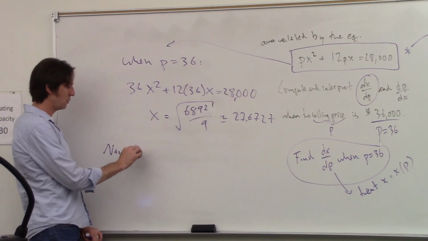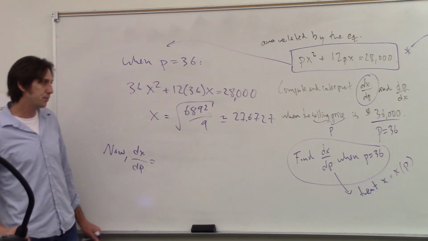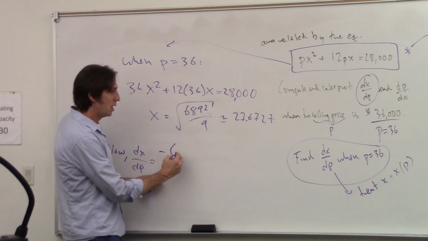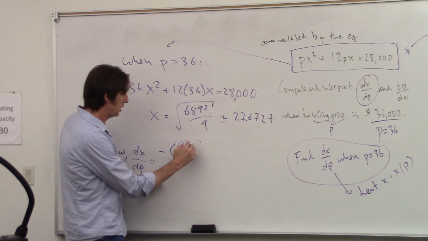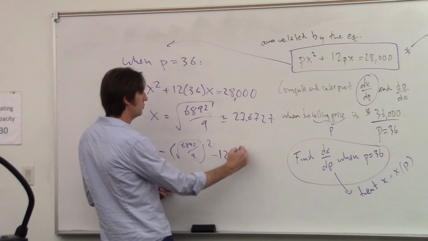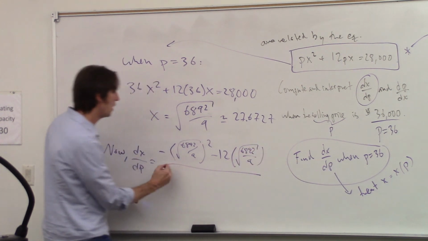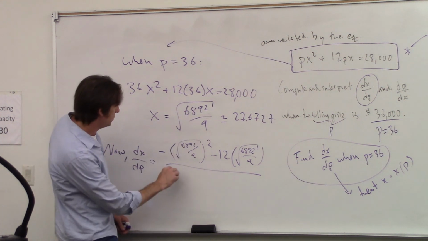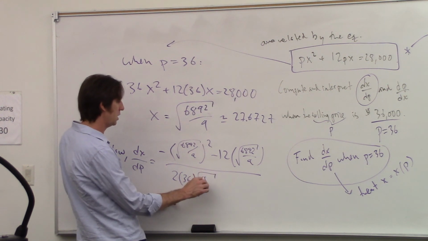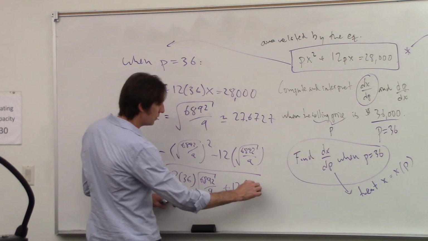And so now we can finish this. dx/dp, the derivative that we computed implicitly, is minus x squared, so that's going to be minus the square root of 6892 over 9, squared, minus 12 times x, so 12 times the square root of 6892 over 9, all divided by 2 times p, which is 36, times the x that we found, square root of 6892 over 9, and then plus 12 times p, so 12 times 36.